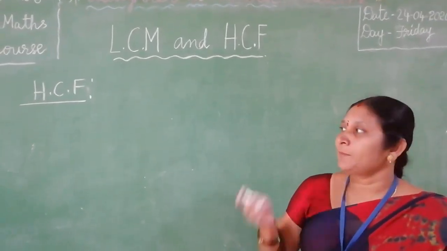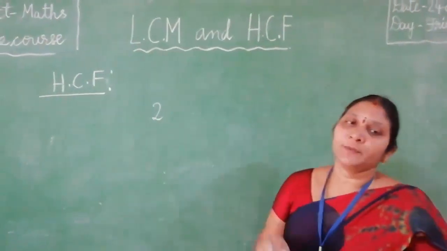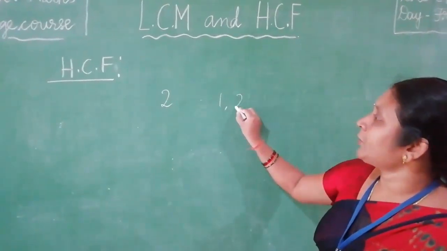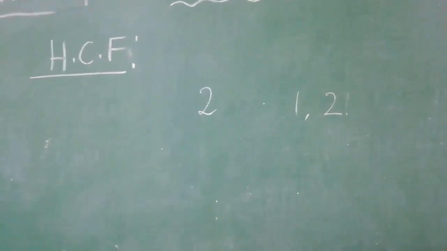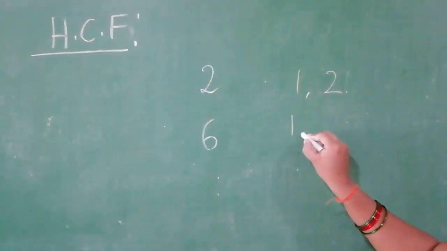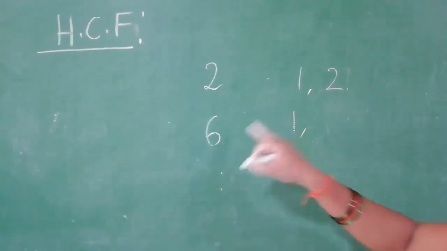For example, I take 2. 2 has how many factors? 1, 1 2s are 2 and 2 1s are 2. 2 has 2 factors. I take 6. 6 has how many factors? 1 6 is 6. Next table 2: 6 is there in 2?